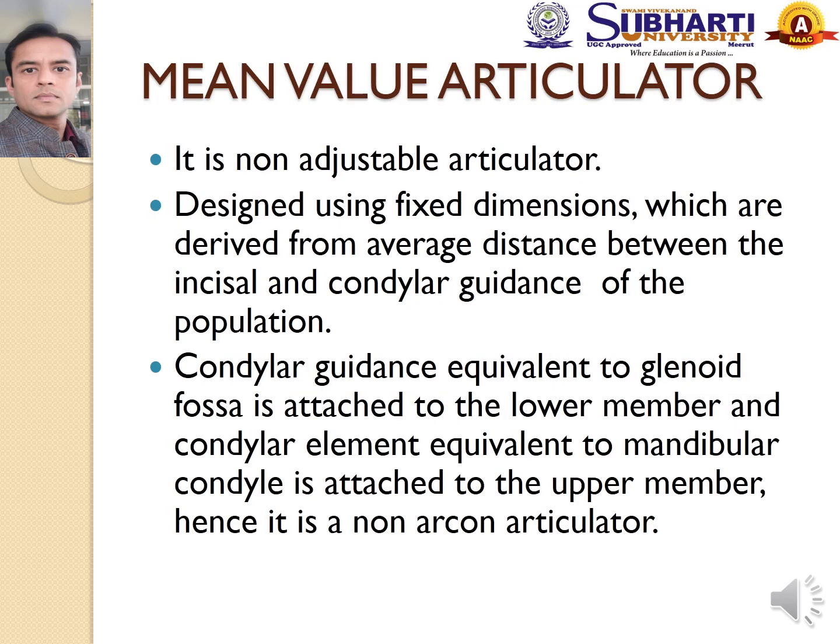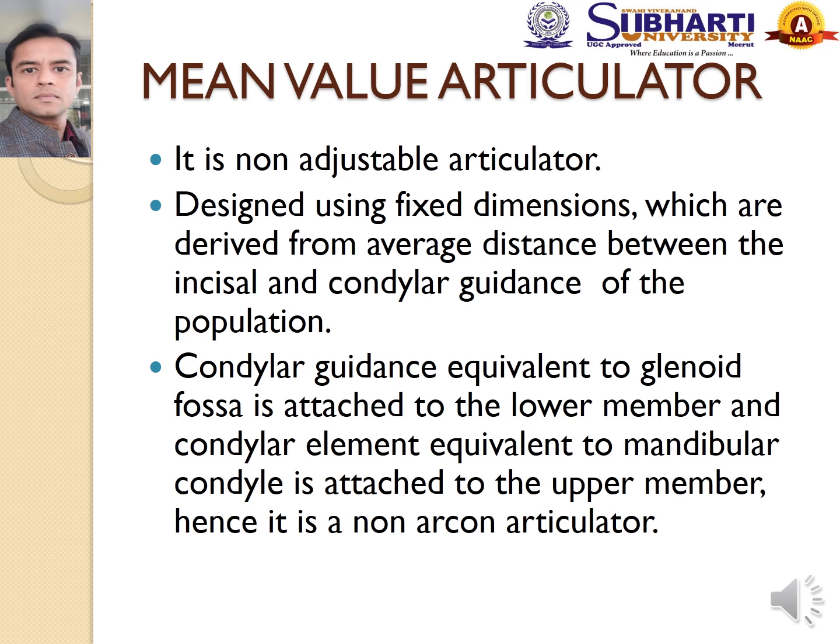Okay, so now the articulator which you all guys use. Now it is the mean value articulator or a 3-point articulator. It is non-adjustable articulator. Please do not mistake it with a semi-adjustable articulator. In these articulators we have a constant or a fixed condylar guidance which cannot be adjusted.